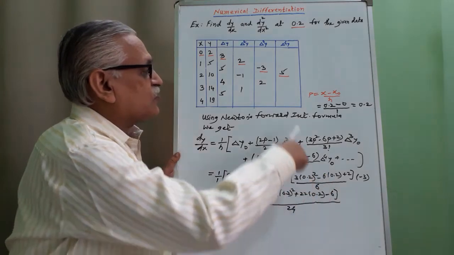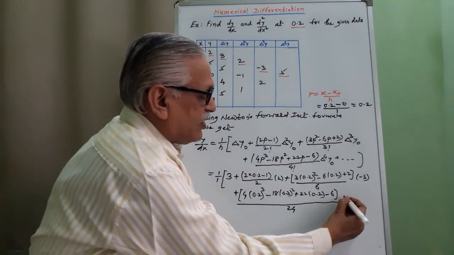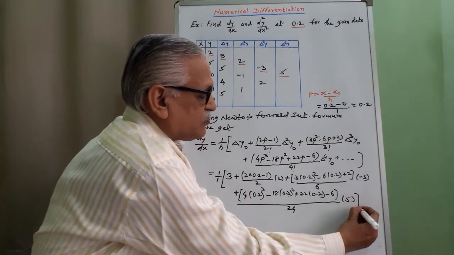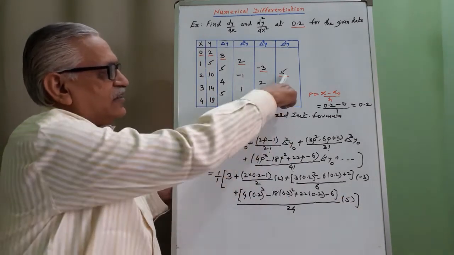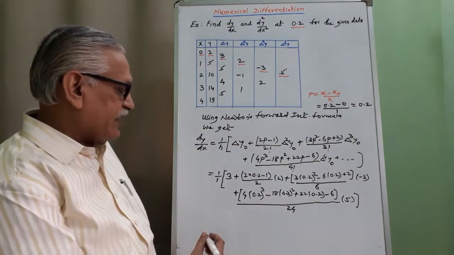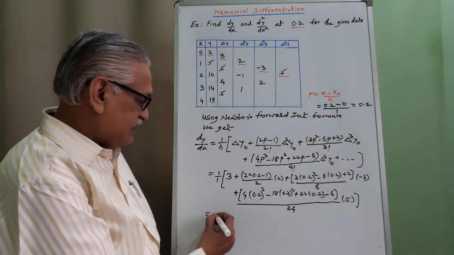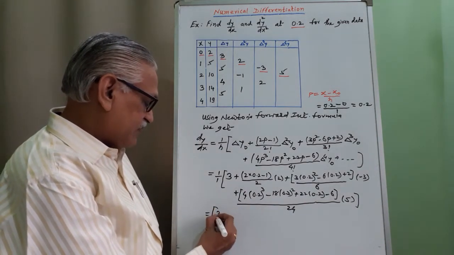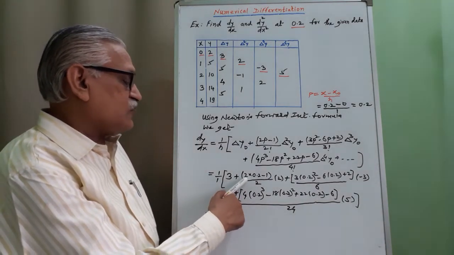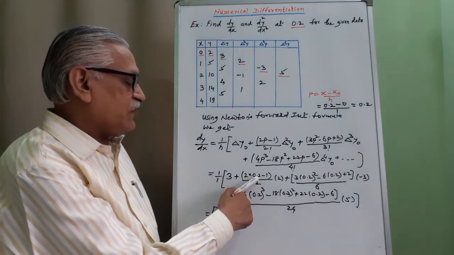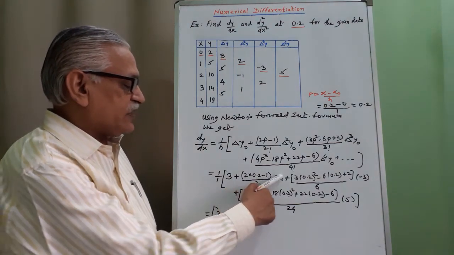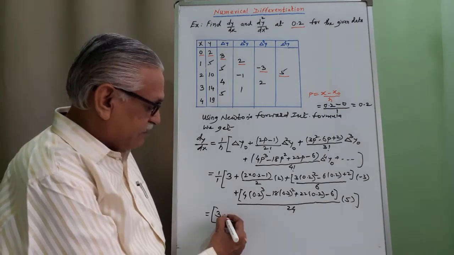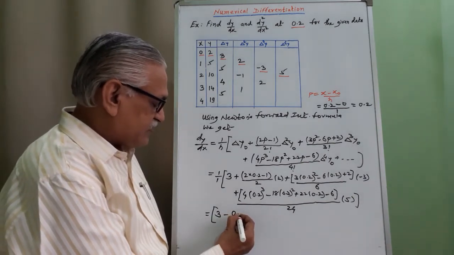Into del raised to 4. The value of del raised to 4 is 5, and so on. We stop here as this is the last value, and then simplifying it, we get 1 by 1, which is 1. Therefore, it is 3 into 0.2, 0.4 minus 1. 2 gets cancelled, therefore 0.4 minus 1 is minus 0.6.